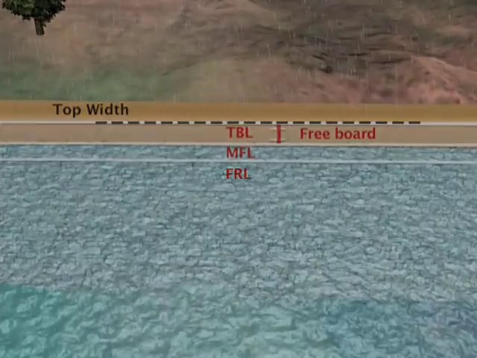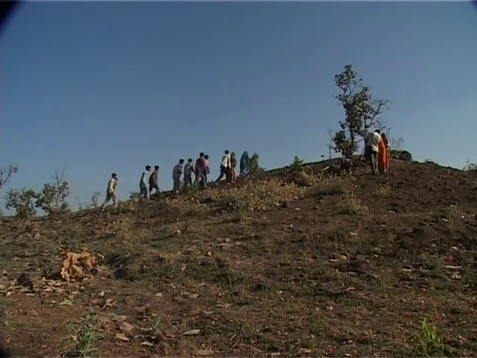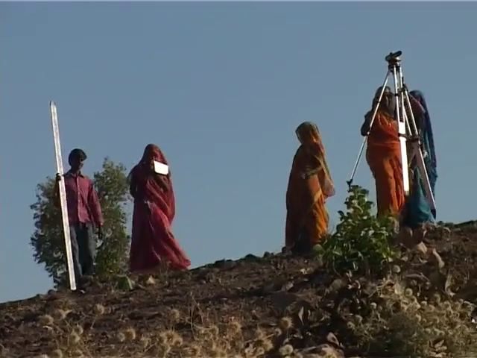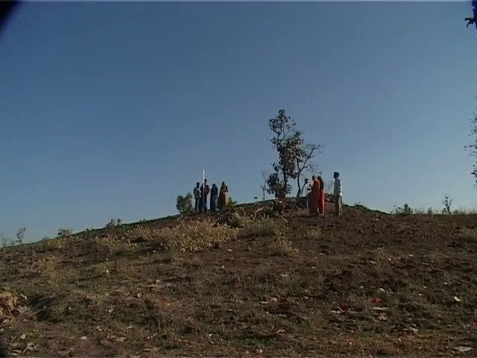Once the TBL has been arrived at, we need to know the height to which the dam will be raised at each point across the stream. We begin the dumpy level survey by fixing a point on one bank of the stream at the top bund level.